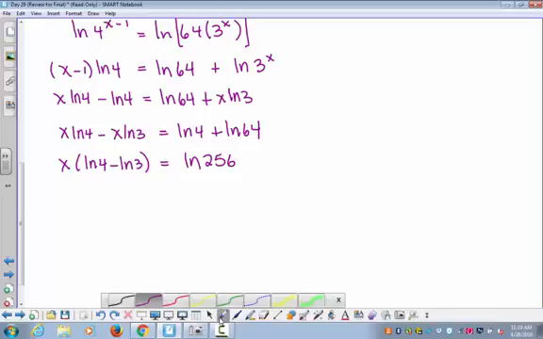Or I think you were suggesting that 64 is 4 raised to the 3 power. So you could combine them that way too. Yep, several ways you could do it. And then our last step here, that's going to be turned into natural log of 4/3, so we would end up having to divide both sides by natural log of 4/3.